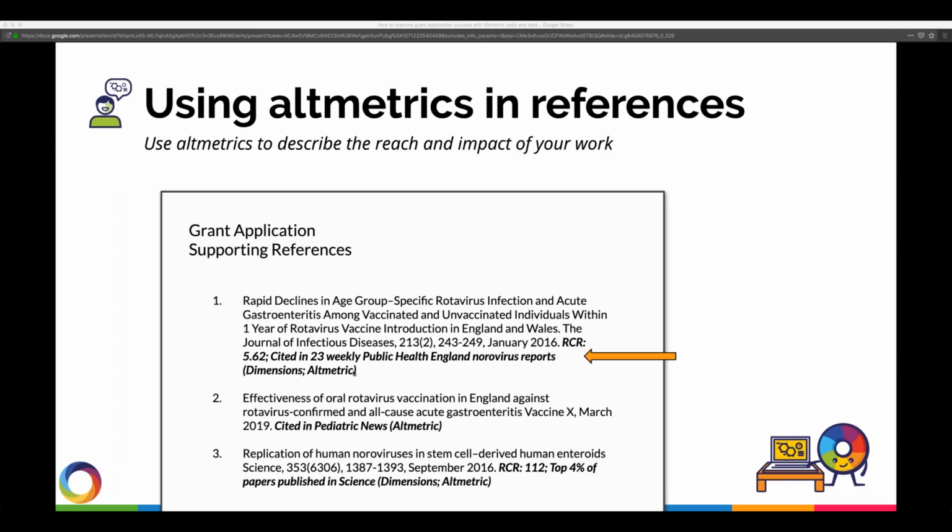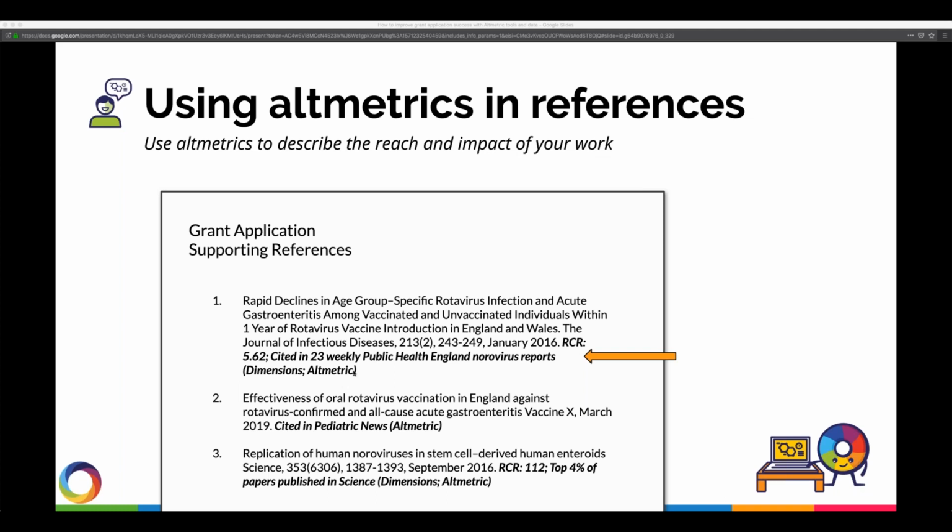We also see here in supporting reference number 3 an additional use of metrics that give a sense of comparatively how much attention a piece of research has received. So we see that this paper is within the top 4% of all papers published in science. That data comes from Altmetric.